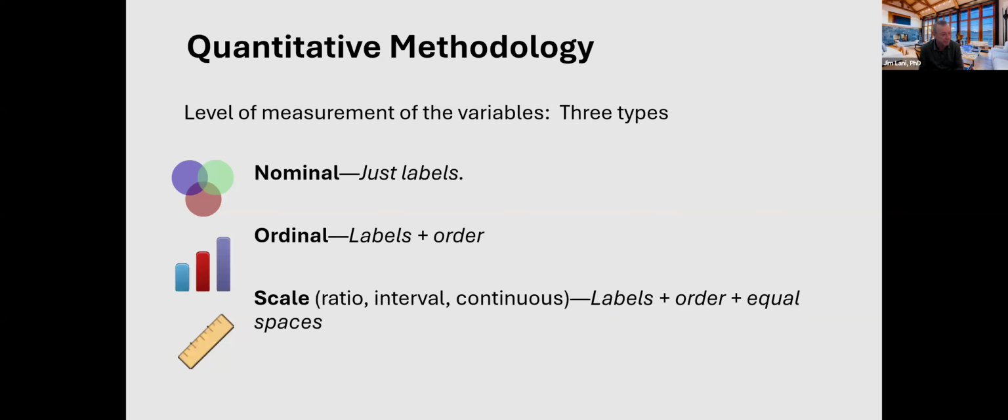and then scale. By the way, it has that icon of the bar chart. Scale has names: 1 inch, 2 inch, 3 inch. It has order: 1 before 2, 2 before 3, and it has equal intervals or equal volumes. That's the key part. The reason to know these is that different analyses require different levels of measurement.